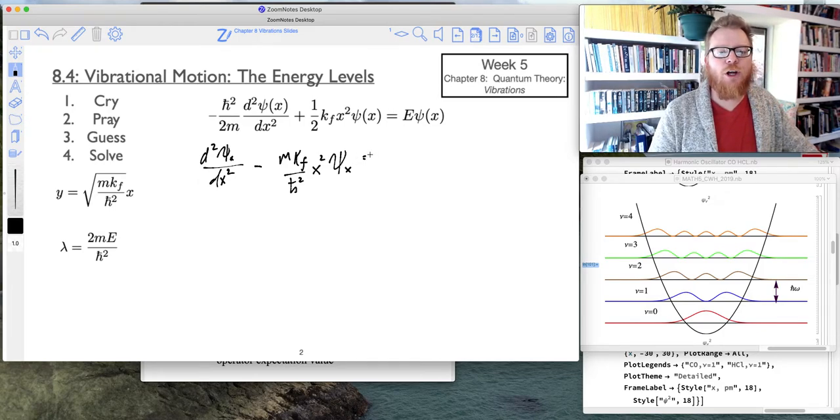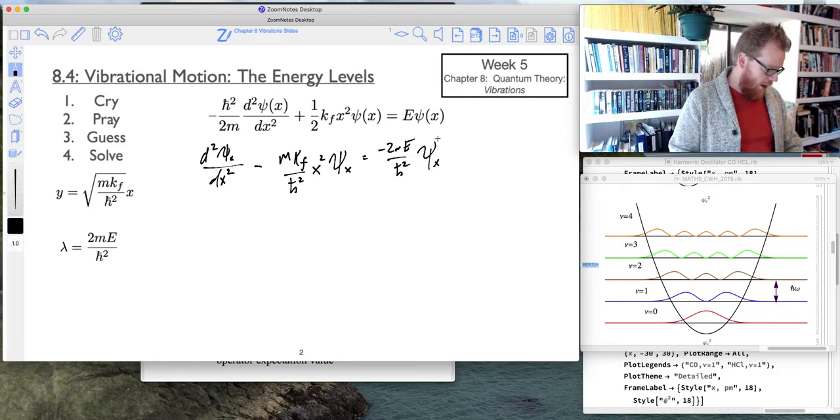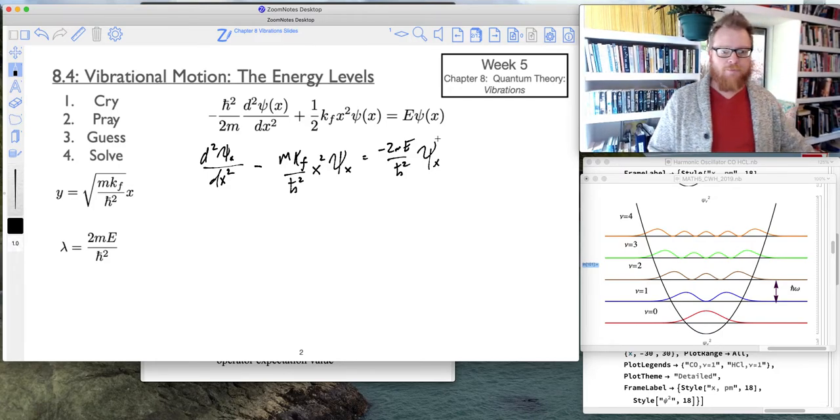And then I'll show you that all of that equals, because remember I multiplied through by negative 2 over h bar squared all the way through, negative 2mE over h bar squared psi of x, like we're normally used to seeing. Now, rearranging this for the reduced form, we're going to set all of this equal to 0.